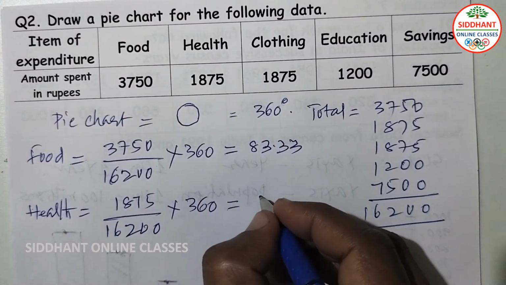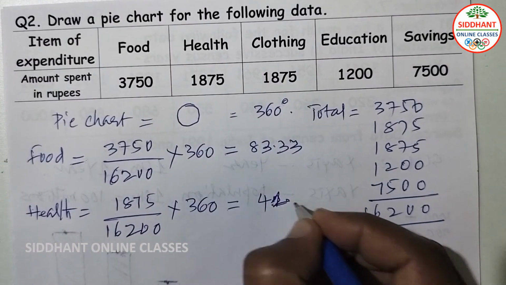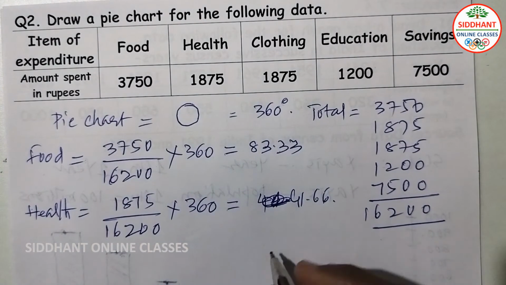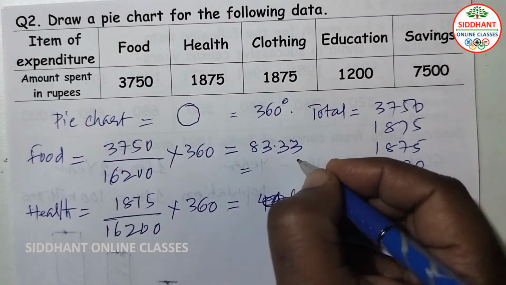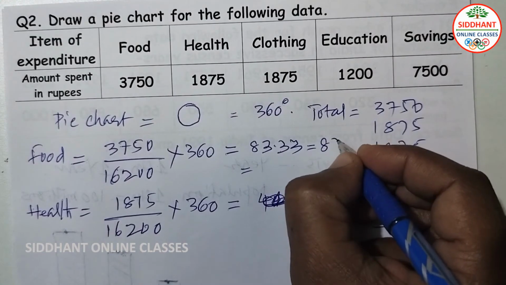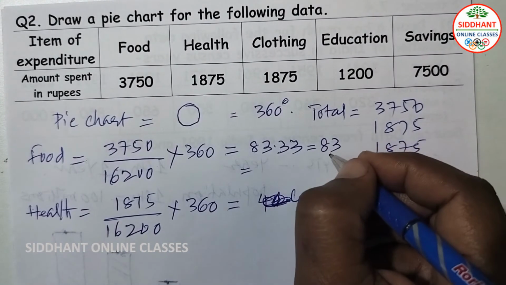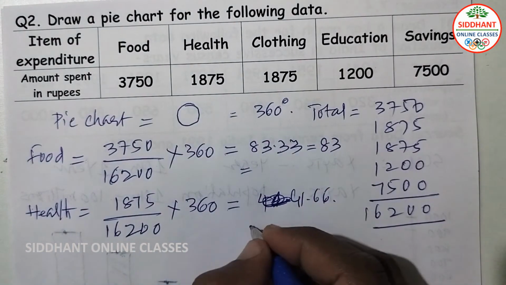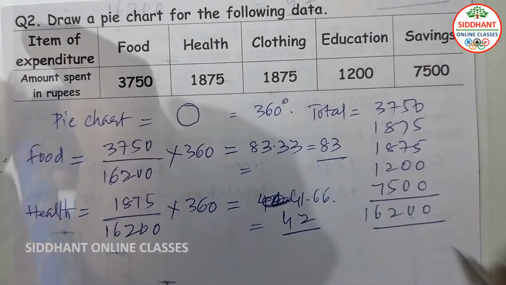After calculation you will get 41.66. Here we are going to take round figures, like 83.33, round figure 83, so that we can draw the angle in an appropriate manner. So 41.66 will be 42 we are going to consider.